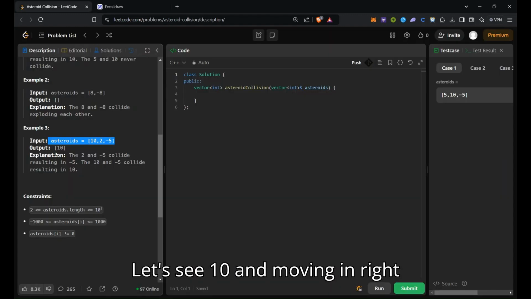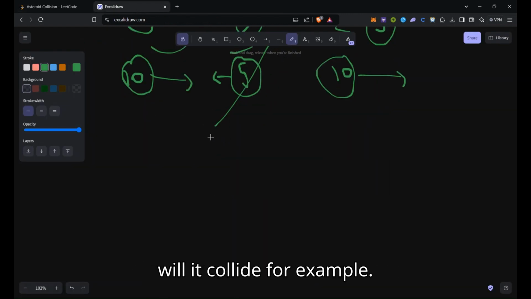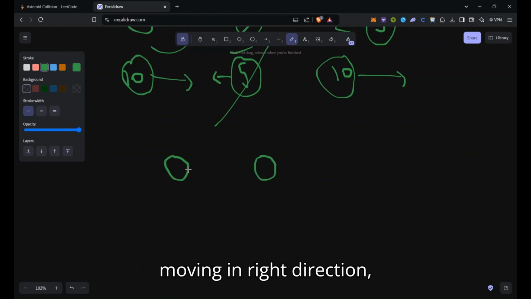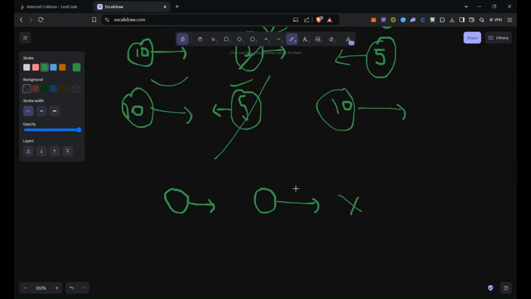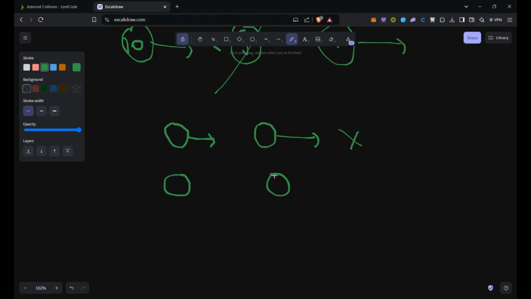So let's analyze when they will collide. For example, let's take two asteroids. When they are both moving in the right direction, they will not collide. When they both are moving in the left direction, then also they will not collide.